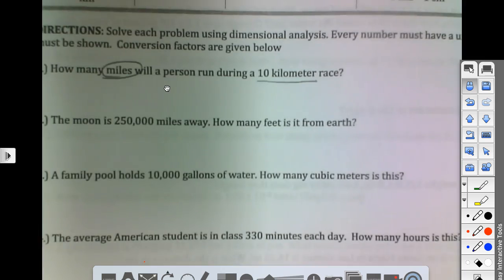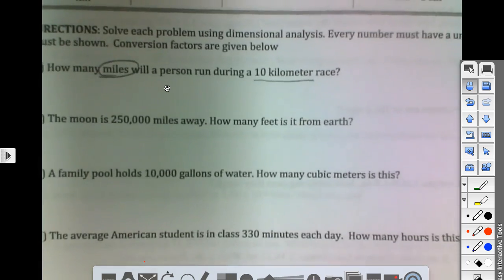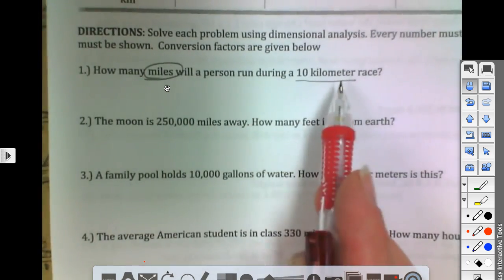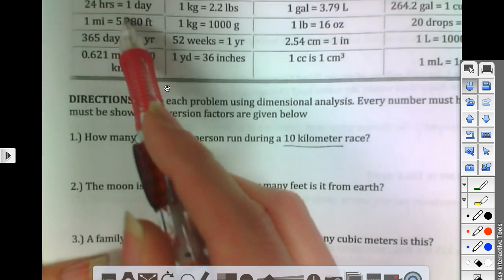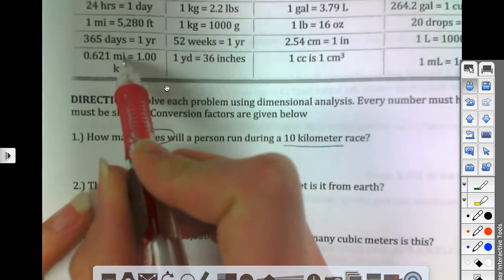Then, in between all this, I'm going to have some conversion factors, those things that are equal that I'm going to use to multiply. I know I'm going from kilometers to miles, so I'm going to look through here and see what would help me. Here's one for miles to kilometers.